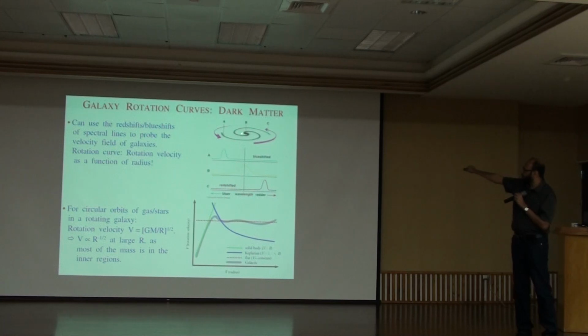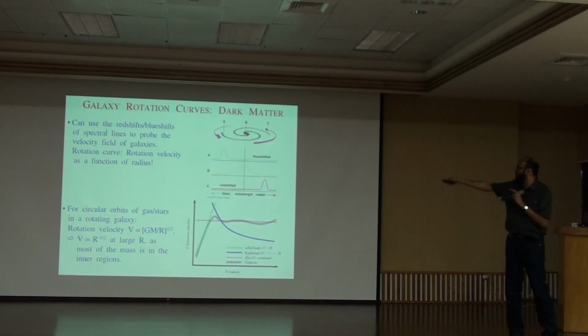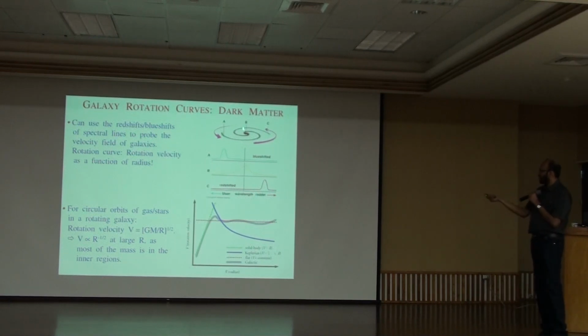So as I go from here to here to here, the mass is not changing very much beyond some distance. Which means that in this equation, as I go further and further away, the mass beyond some distance is almost constant. It's not changing. But the radius is changing. Right?